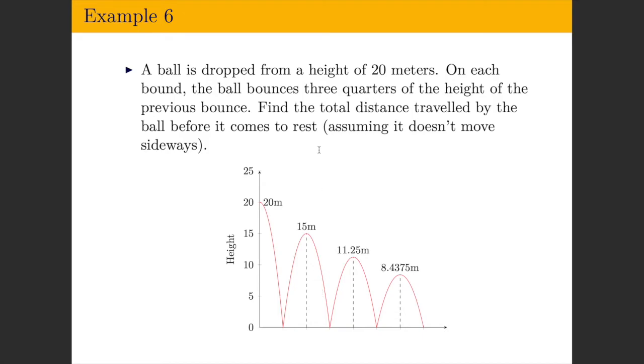But we want to find the total distance traveled by the ball before it comes to a rest. Well, does it really come to a rest? That's very much a dispute between the theoretical mathematicians and the physicists. Theoretically or mathematically, no, it doesn't come to a rest because it keeps on bouncing, even if those bounces cannot be observed.